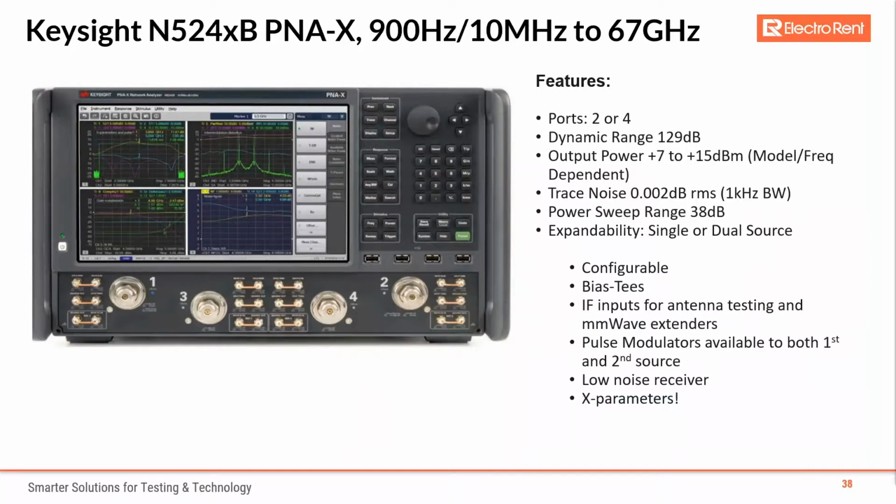They're highly configurable, can be had with bias T's at the back. Also can come with IF inputs if you want to do any type of millimeter wave testing where you want to add millimeter wave extenders. And has a low noise receiver. And the main thing of this is, of course, X parameters.